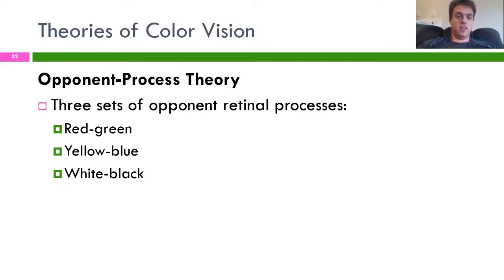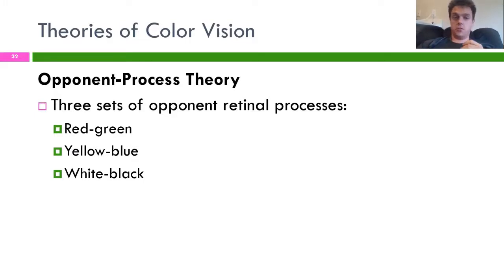This is the idea that basically things work in opposition to each other. And we'll get to the evidence for this in just a second. So when you see something red, what's happening is that there's receptors for red that are going to stimulate and activate neurons associated with red, whereas it's also going to nullify or decrease, kind of turn off, you could say, activation of green neurons. Okay?